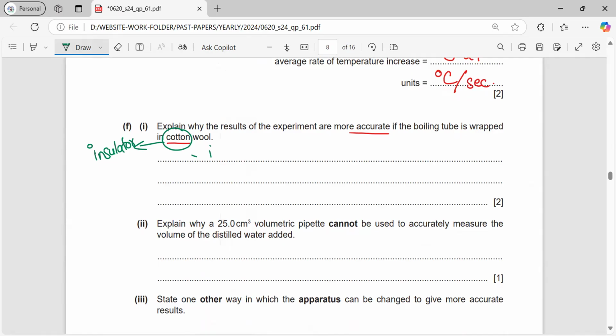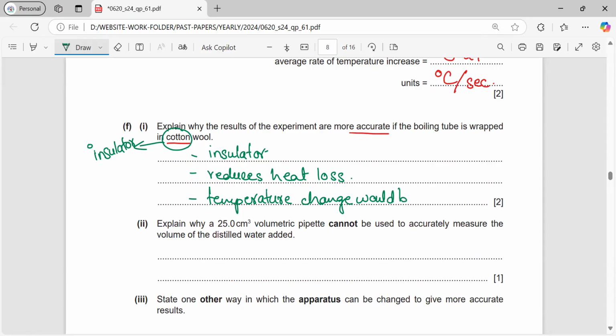First, because cotton wool is an insulator and it reduces the heat loss. Also, the temperature change would be more accurate. You can write any 2 points from these three.